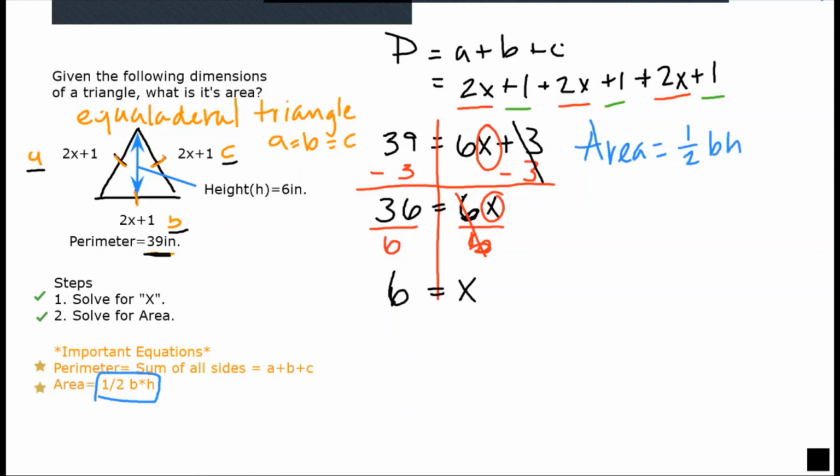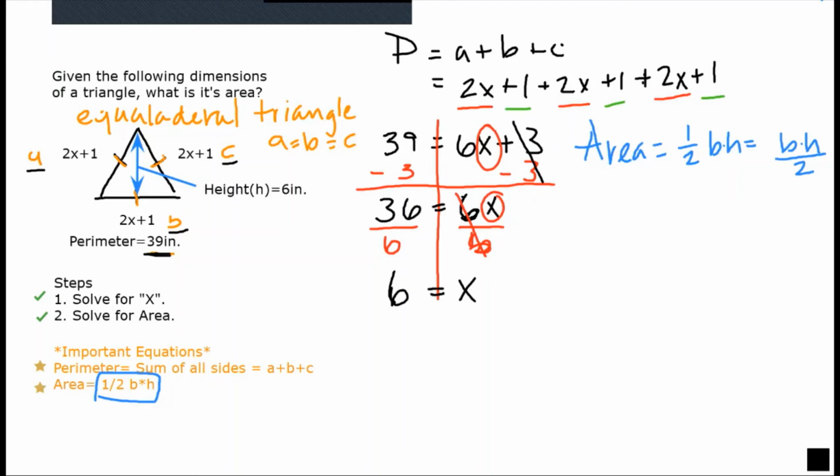You might also see equations written out as base times height divided by 2. These are the same thing. So if you see it in that way, just know that's the same thing.